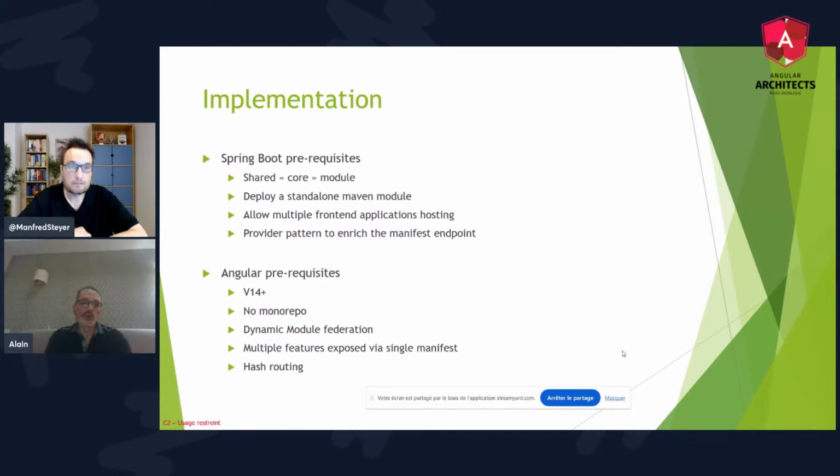So no monorepo, obviously, because our projects are separated. And we have dynamic module federation and multiple features exposed via a single manifest. And since we are on Spring Boot, we need to implement hash routing in our Angular applications.